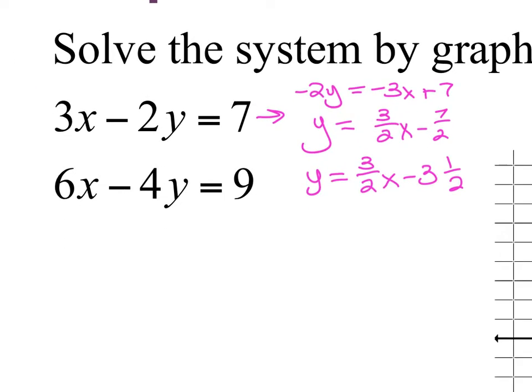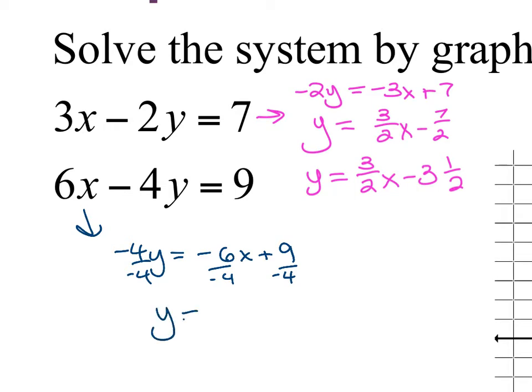That's the first one. And then I want to do the same thing for the second one. So negative 4y would equal negative 6x plus 9, and then divide everything by negative 4. And I get y equals a positive 3 halves x minus 9 fourths, or 2 and 1 fourth.